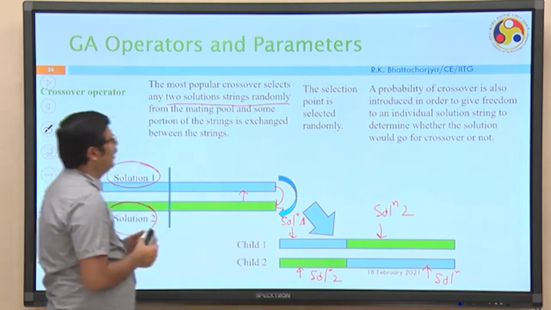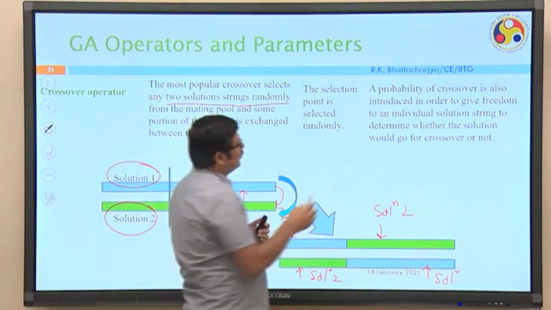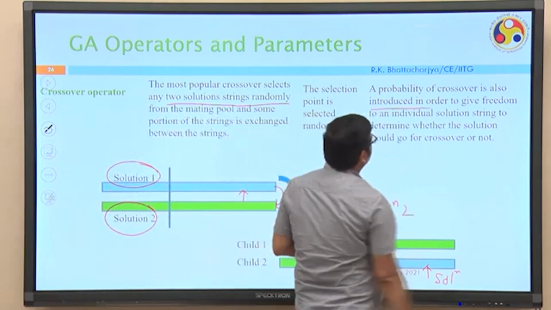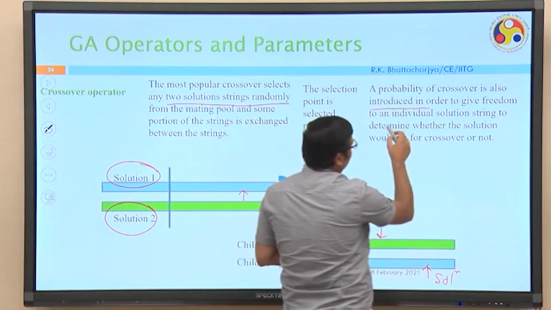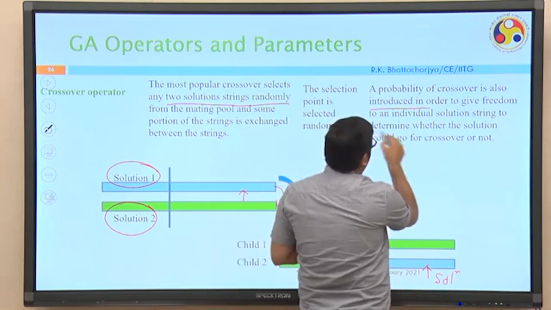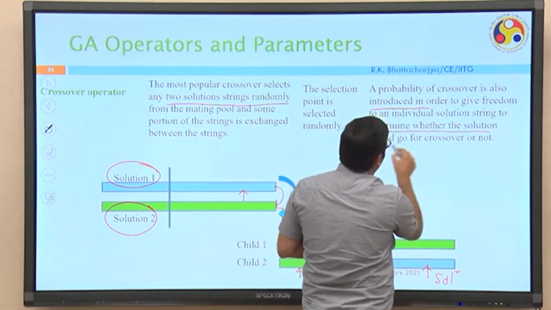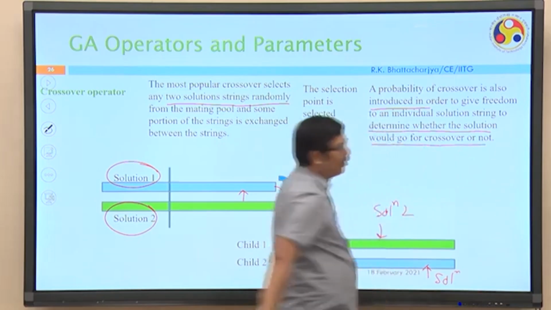A probability of crossover is introduced in order to give freedom to an individual solution string to determine whether it would go for crossover or not.